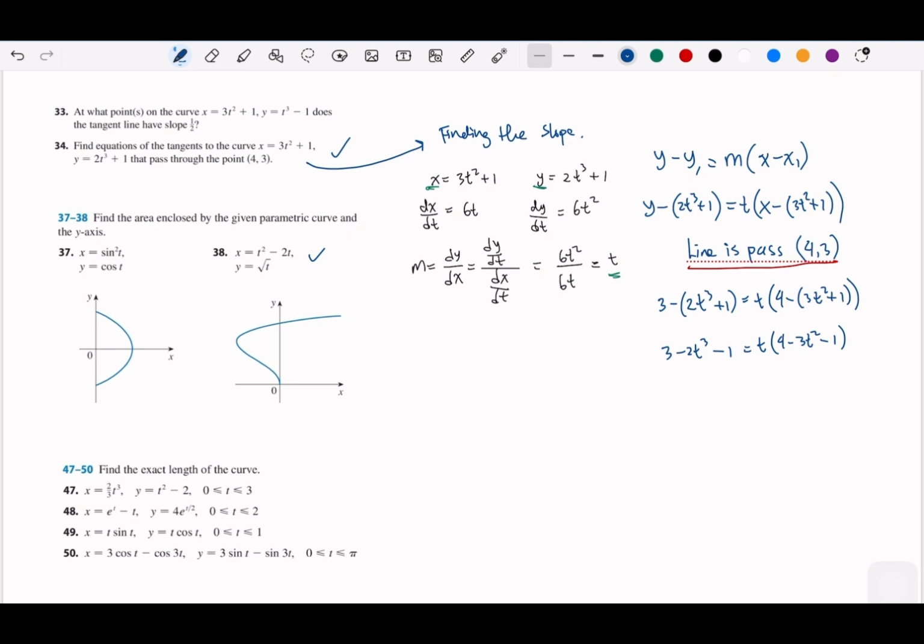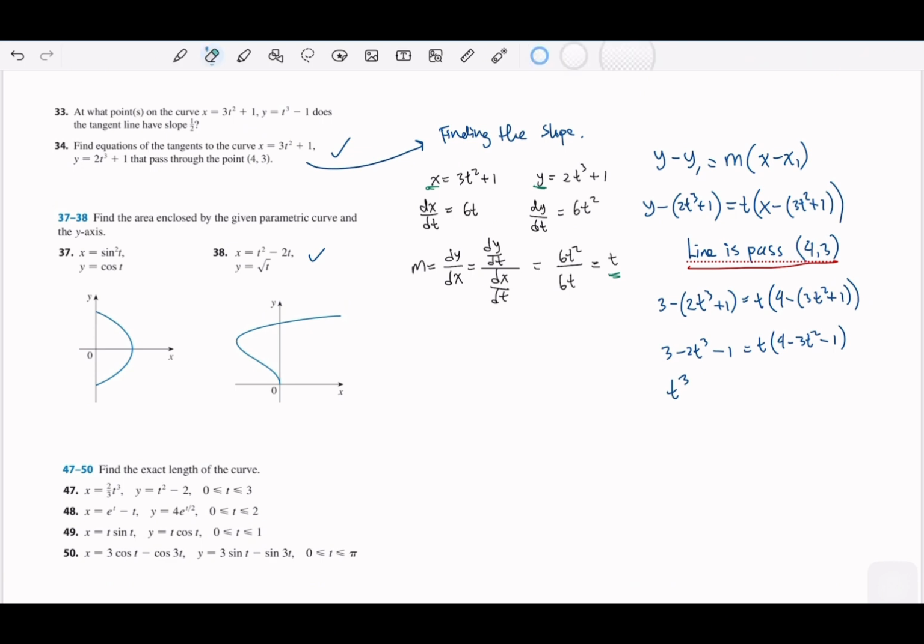So negative 3t cubed, it will be plus 3t cubed minus 2. So t cubed here, and then 4 minus 1 is 3.